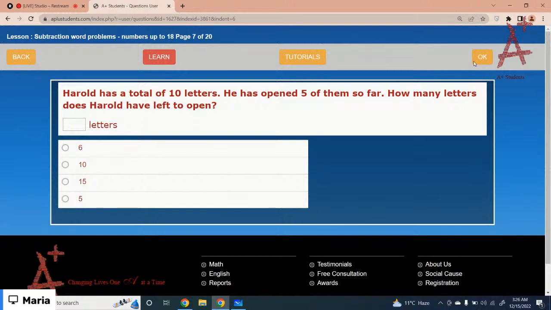So you have to do 10 take away 5. 10 take away 5 equals 5. Got it? Just select the correct option then click on the OK button.